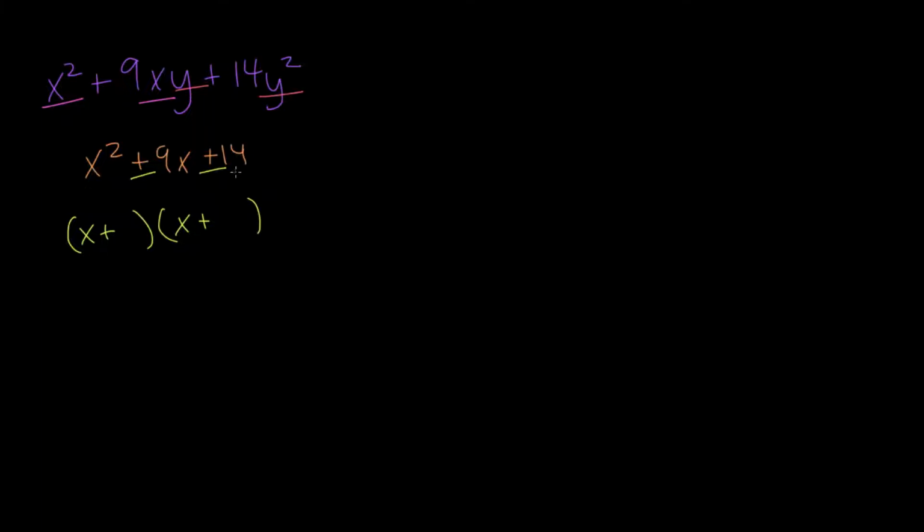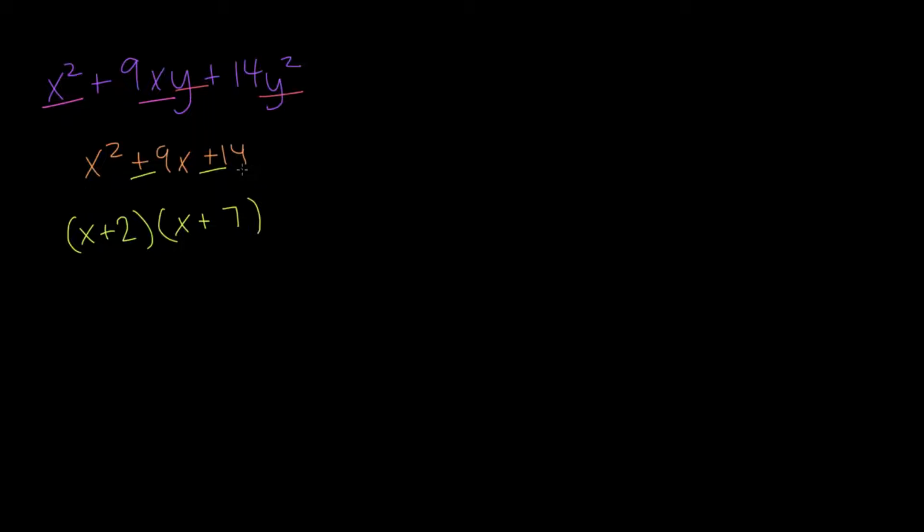Looking at our 14, the two numbers have to multiply up to 14 and add up to 9. If you go through the list of factors for 14 in your head, the one that adds up to 9 and multiplies to 14 is 2 and 7. So you would write your 2 here and your 7 here, and x squared plus 9x plus 14 factored would be x plus 2 times x plus 7.